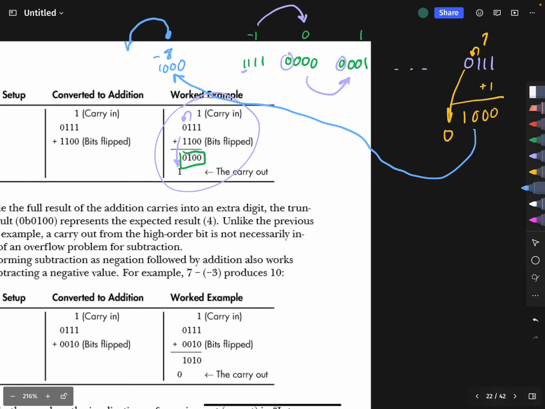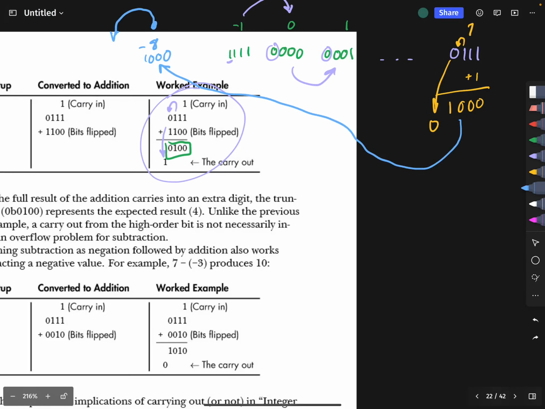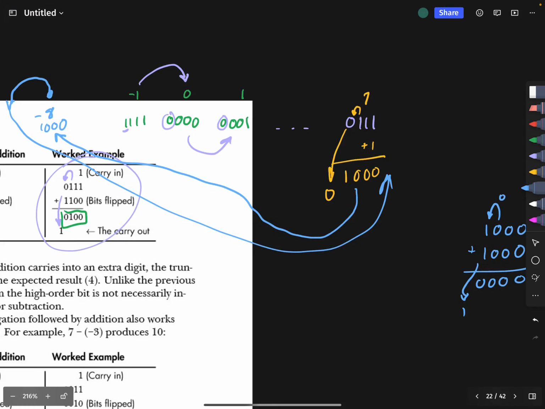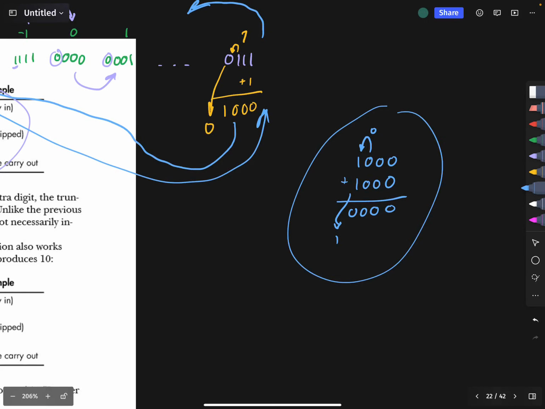Even if I had done -8 plus -1, we would have gone from -8, tried to move in a sense to the left, but that's where the discontinuity is, and it sends us back, at least over to here, and because it's -8, we'd be progressing in that direction. But in any case, the point is that this is an example where now the carry in is 0, the carry out is 1, they mismatch, and that again is a sign that you're getting an overflow, that you're crossing the discontinuity of how numbers are represented in 2's complement.